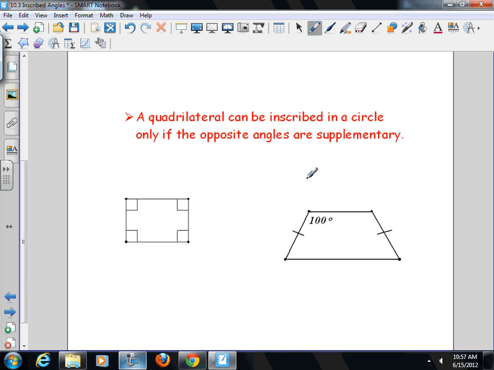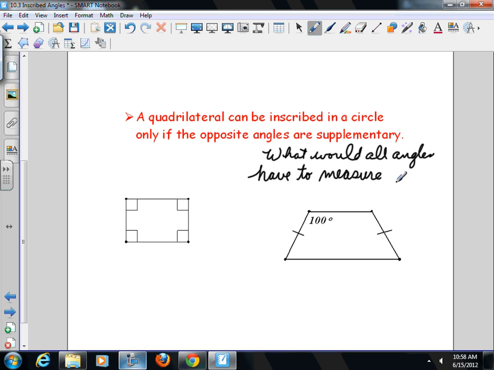Now, in this figure here, I'd like us to answer the question, the one on the right.